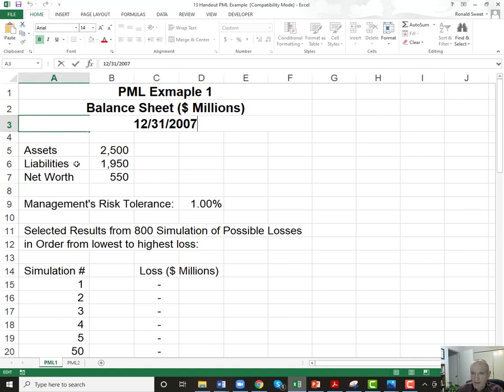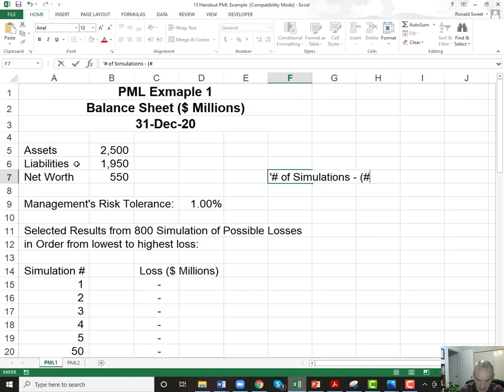I don't know why I have it the year so late. Let's say it's 2021 or 2020. Their risk tolerance is 1%, and they ran 800 simulations. So what are we going to do? You're going to take number of simulations minus the number of simulations times your risk tolerance plus 1.